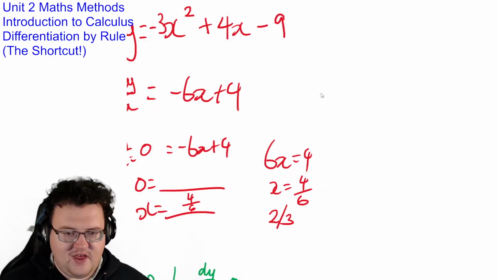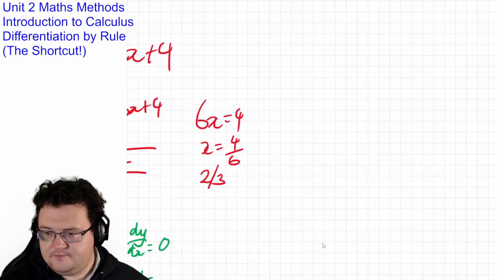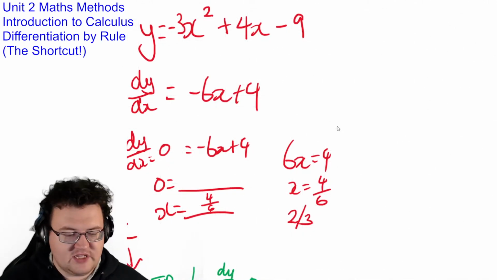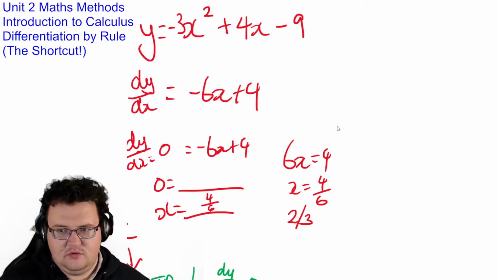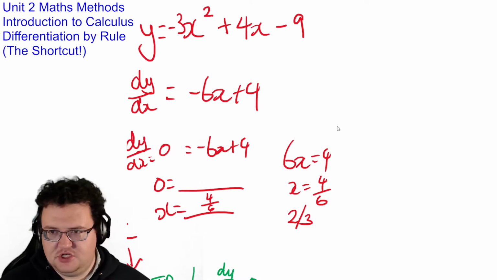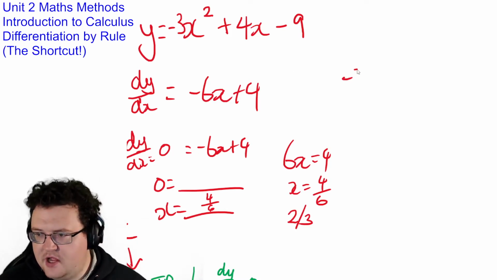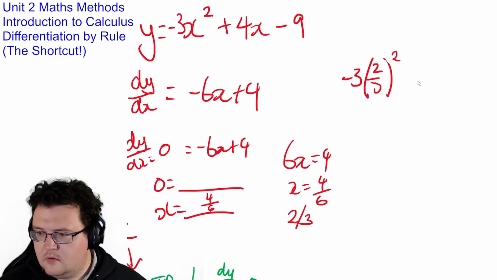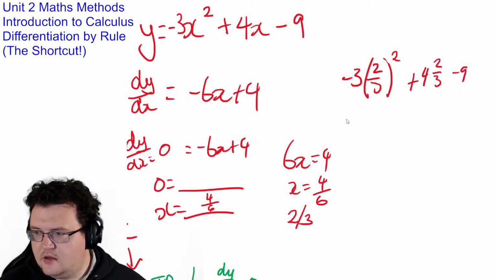And then from there, you would find the other part of it. Because remember, all this tells us is the x value. All right? All this does is tell us the x value of the turning point. So it would be minus 3 bracket 2 over 3 squared plus 4 times 2 over 3 minus 9.